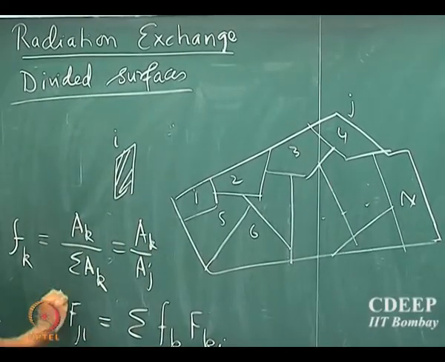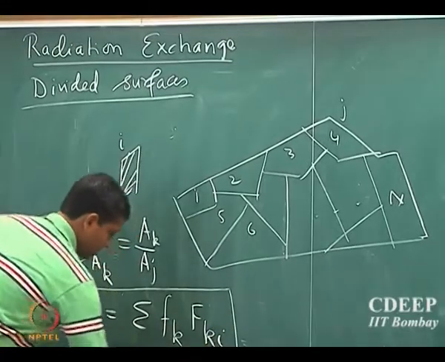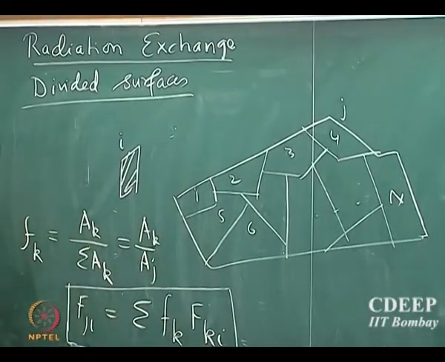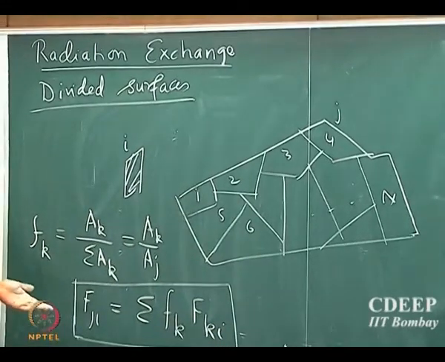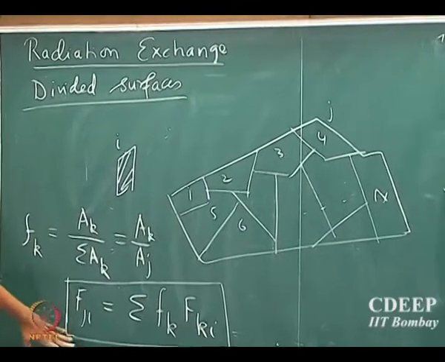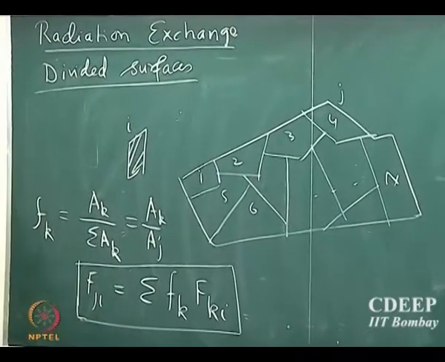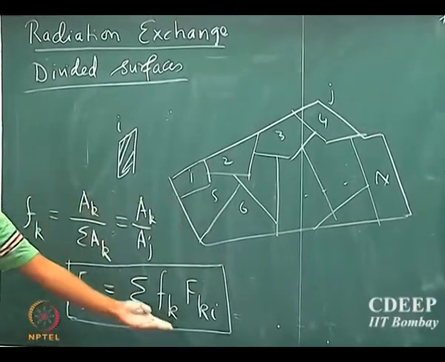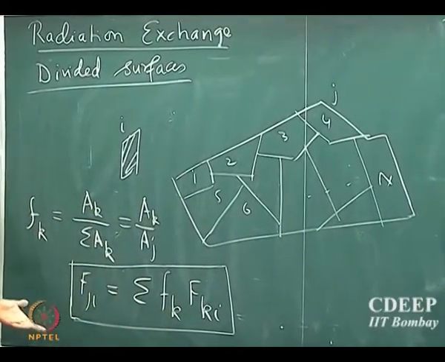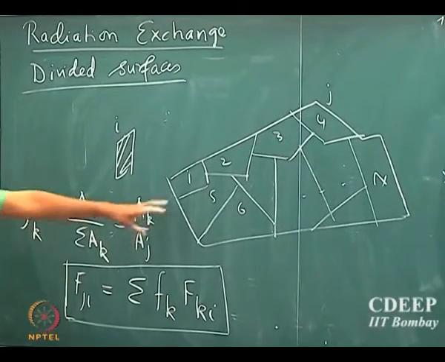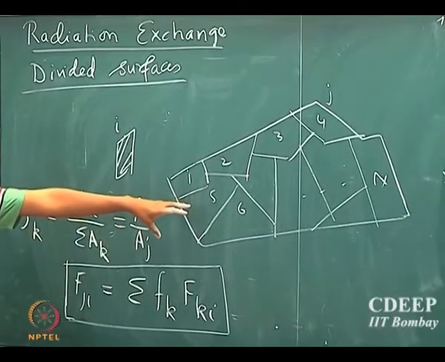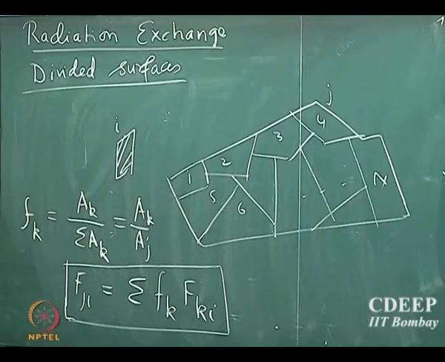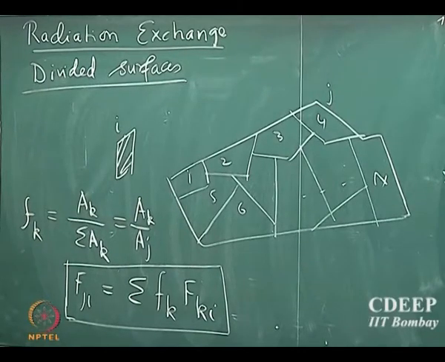So that is an important relationship. If we have a divided surface, then you could use such a summation formula to find the overall view factor between the two surfaces. Or if you know some of them, you should be able to calculate the view factor for the other divided surface, for which you may want to calculate some of the radiation properties.